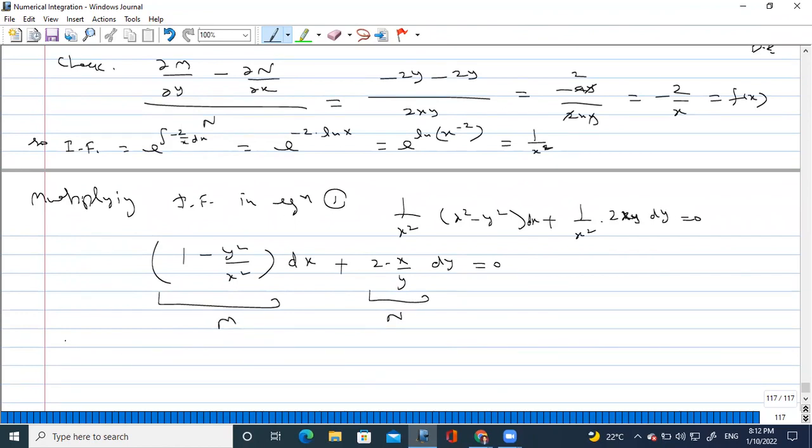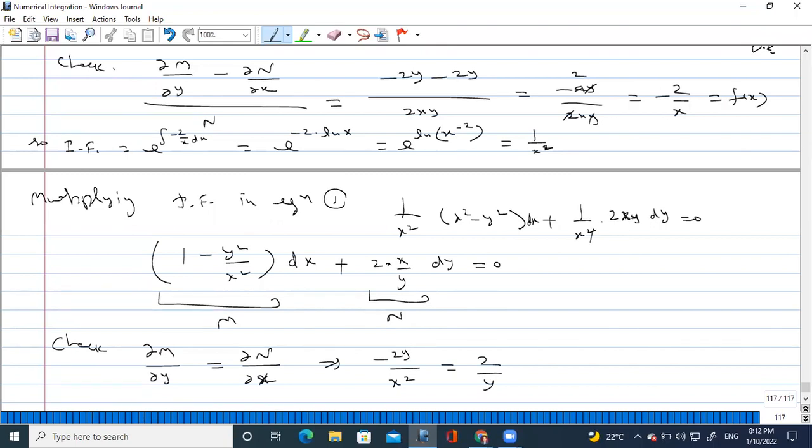Check whether ∂M/∂y is equal to ∂N/∂x or not. This thing you differentiate with respect to y, it will become minus 2y by x square, equal to ∂N/∂x. Sir, it's y by x, please check the N value.